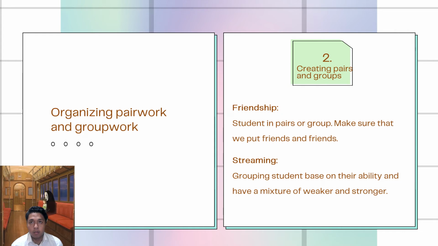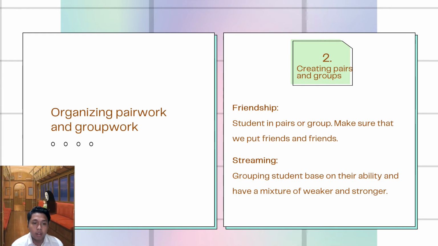We must put the student with their own friend, so it can improve their interest and improve their group work in searching for a task or whatever the activities in the class. Maybe this method is one of the most effective methods in organizing pairs and groups.